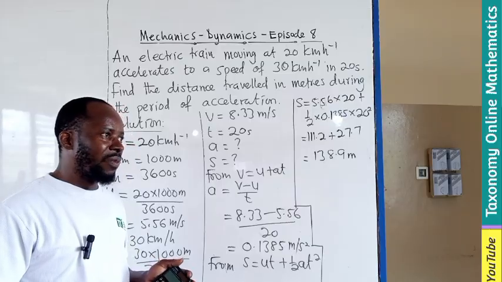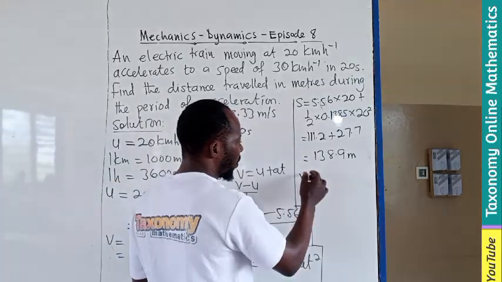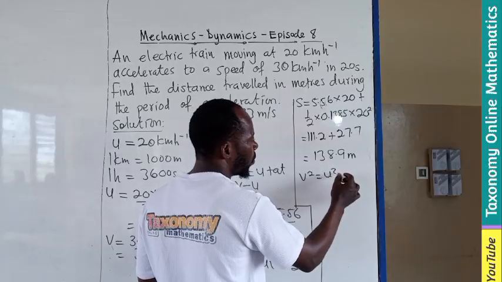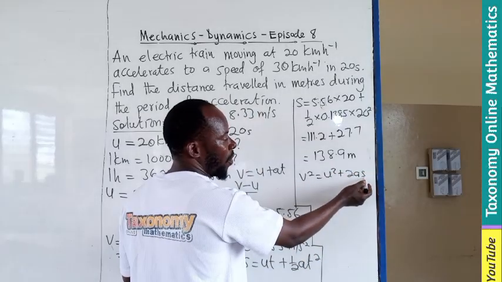If you want to make use of the first equation, just by rough calculation, we know we have V squared equals U squared plus 2AS. This is what you are looking for.